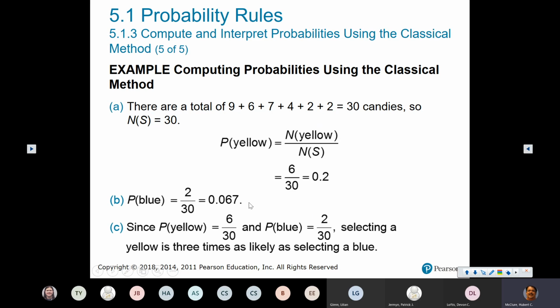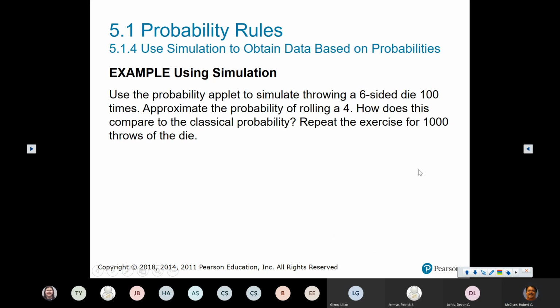And there's what I just told you, 2 out of 30, 6 versus 2, and 6 is a more likely outcome. So you're 3 times as likely to get a yellow than a blue. Here's a 6-sided die, see? 100 times, approximate the probability of rolling a 4.